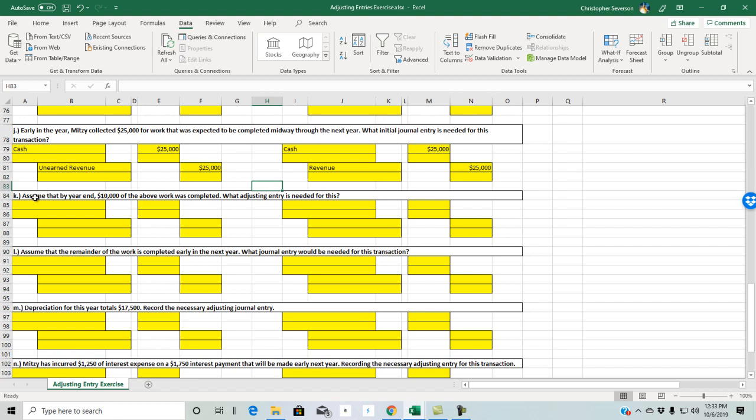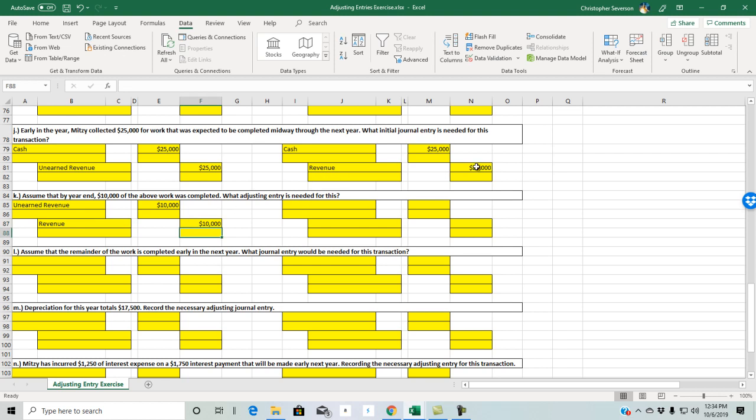So now, assume that by the year end, 10,000 of the above work was completed. With the first method, we're going to debit unearned revenue to reduce it. We're reducing that liability for that $10,000. And we're crediting actual revenue for the amount we've earned, $10,000.